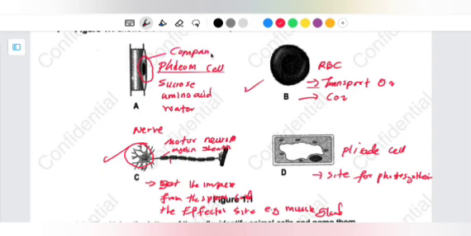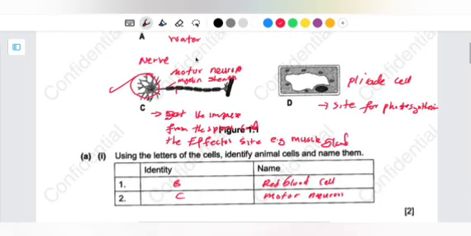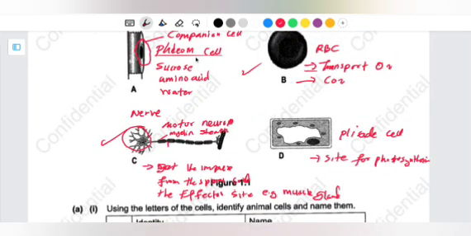This companion cell provides energy and also controls structures, because this is the one which has the mitochondria and the nucleus on this part here. So it is able to control all the cell's activities, and it is able to generate energy. Then for D, it contains these ones here, which we call the chloroplast or chlorophyll.